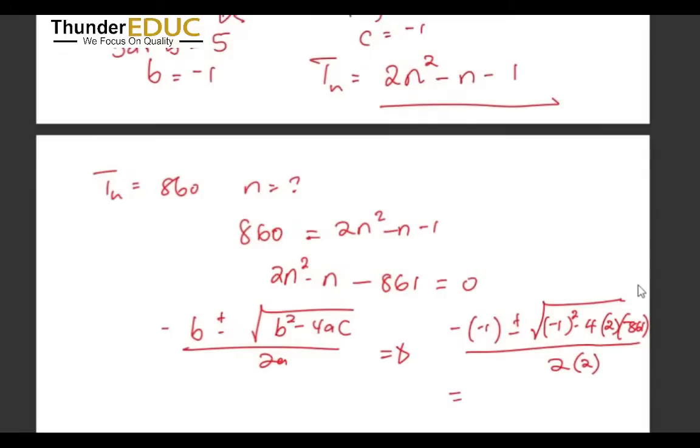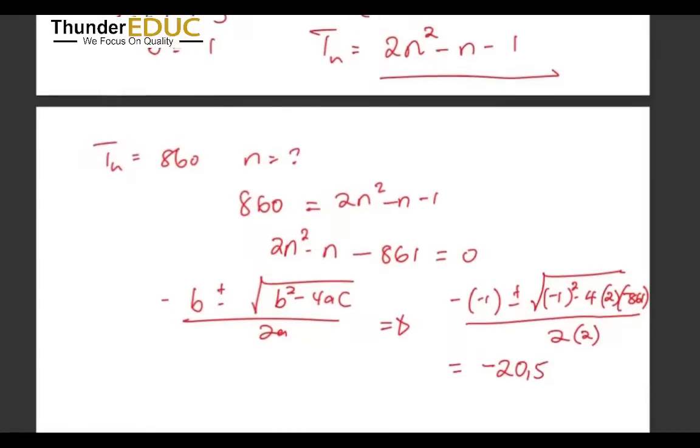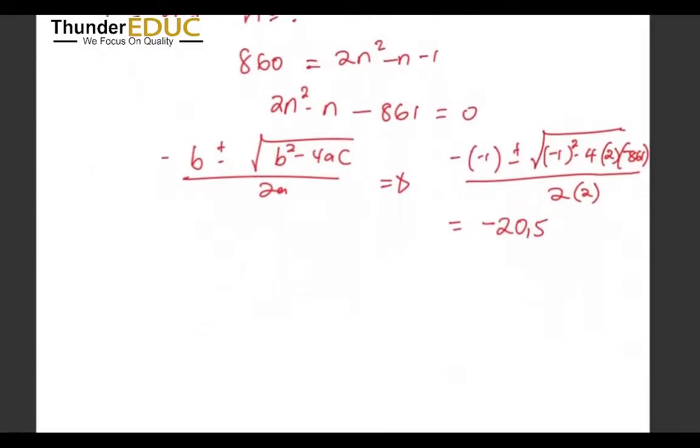All right, so if I punch this into my calculator, this is 1 plus 8 times 861 over 4. I'm getting -20.5 as my first solution for n. And then if I replace with a plus sign, I'm getting a 21. So n is -20.5 or n is a 21.